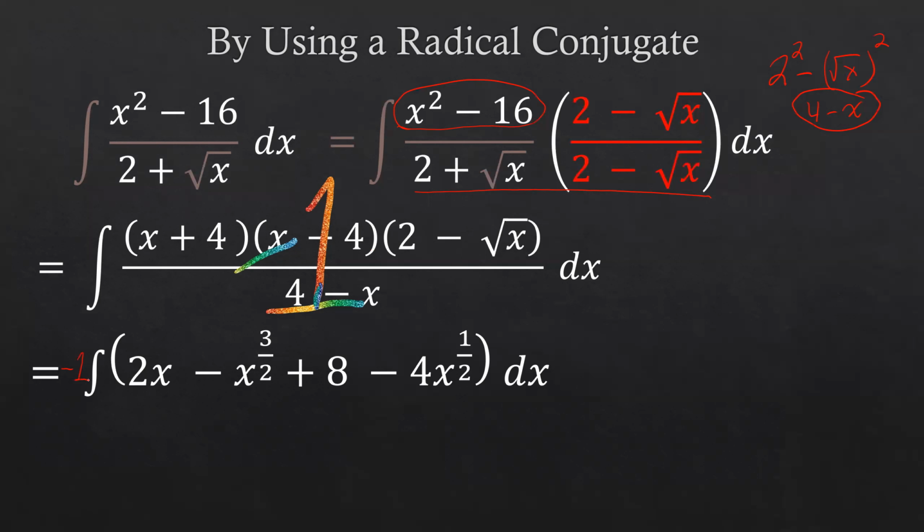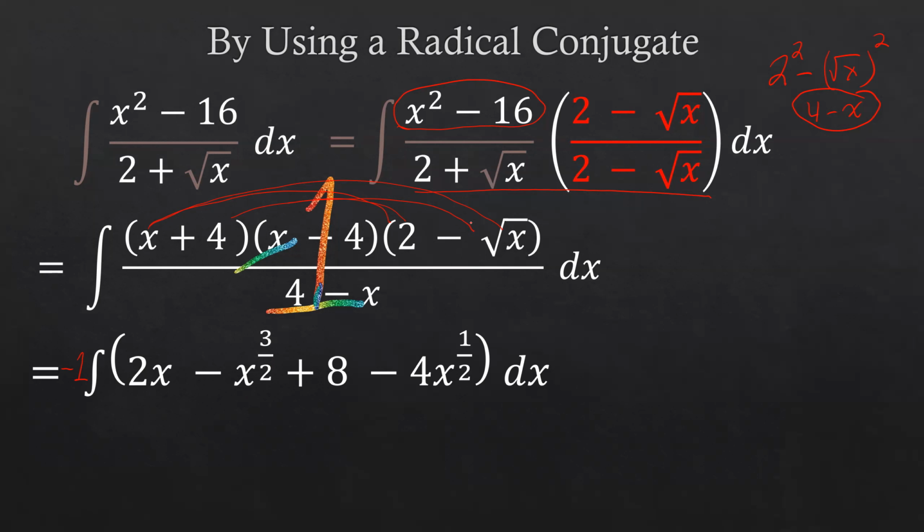So my answer is going to have to be multiplied by -1 there. When I multiply this out, x times 2 is 2x. x times square root of x is x to the 3/2, right? And then 4 times 2 is 8. And then 4 times negative square root of x is -4 x to the 1/2.